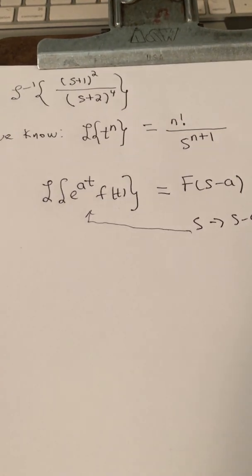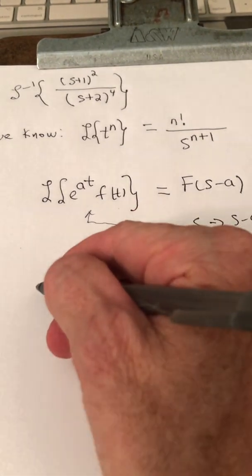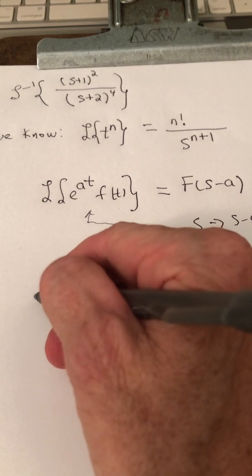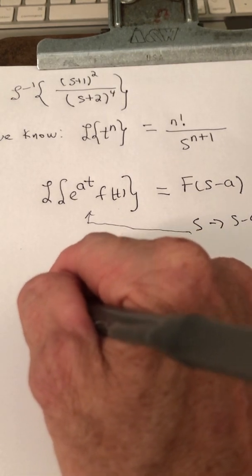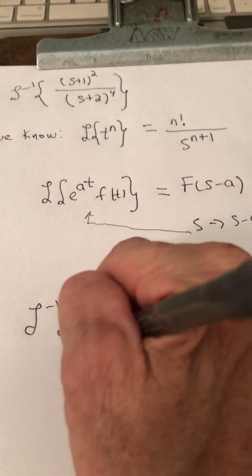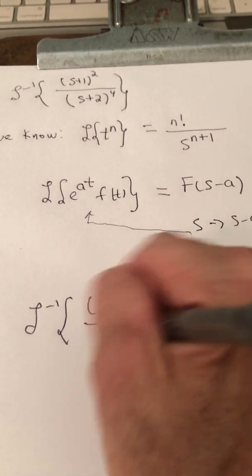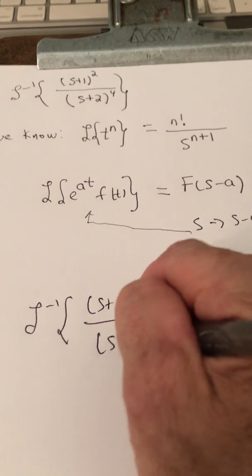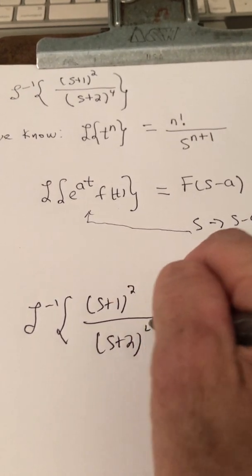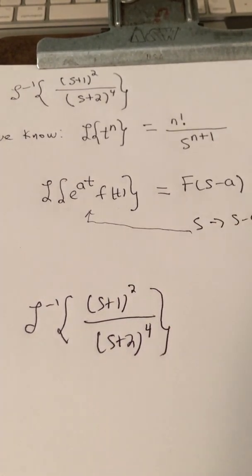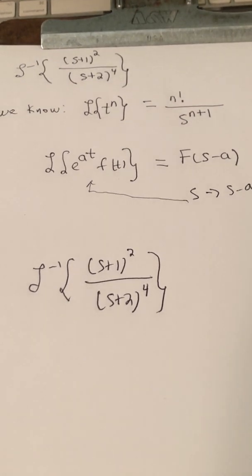Now, the expression (s plus 1) squared over (s plus 2) to the fourth is not written in a convenient way.